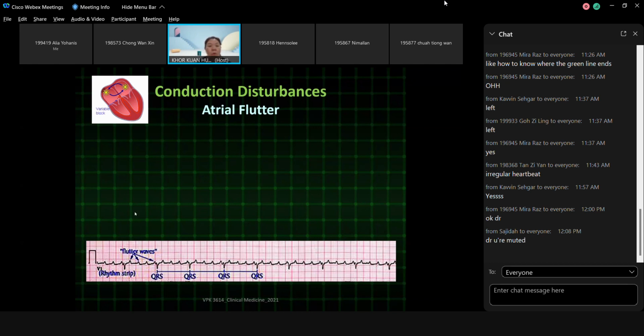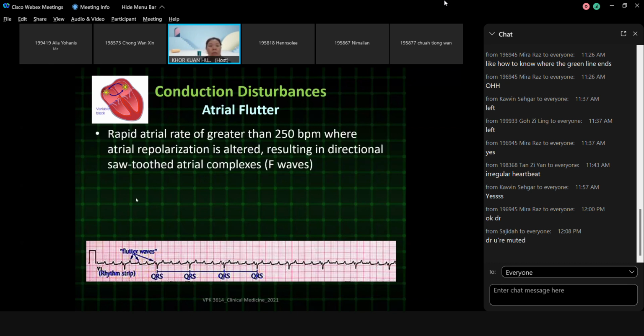All right. So what happened is there is actually a rapid atrial rate. Okay, so when you calculate your 30 boxes, then your sinus beat will come up to be more than 250 beats per minute. Okay, so atrial repolarization is already altered. So it will result in directional sawtooth atrial complex.